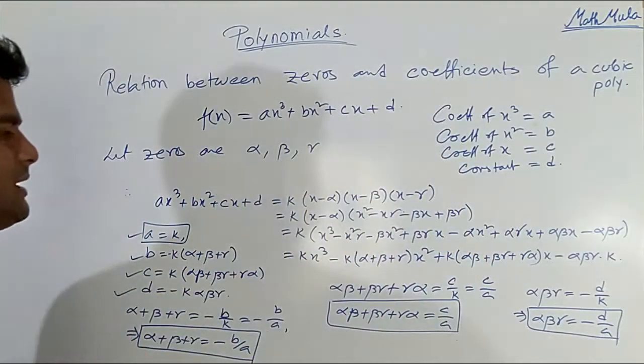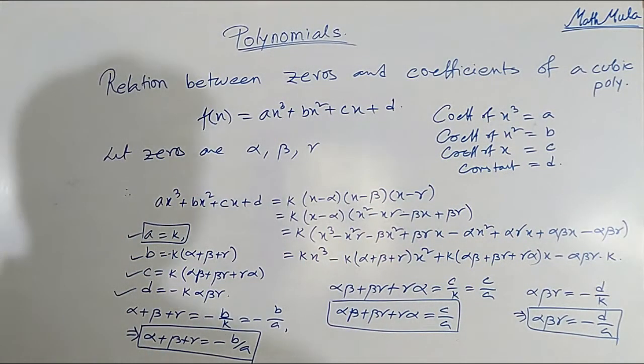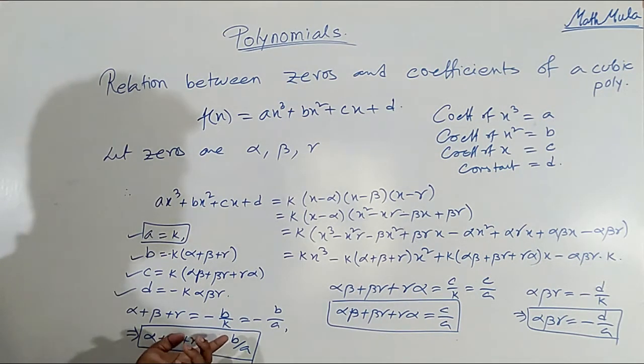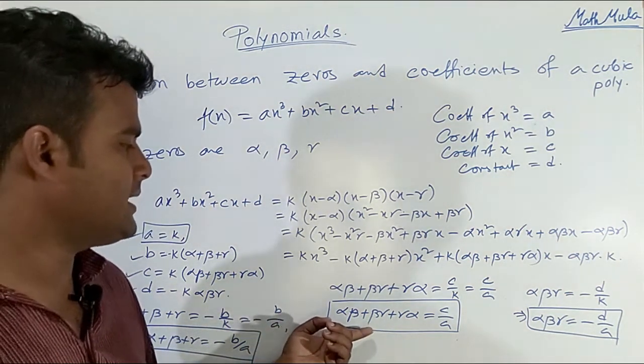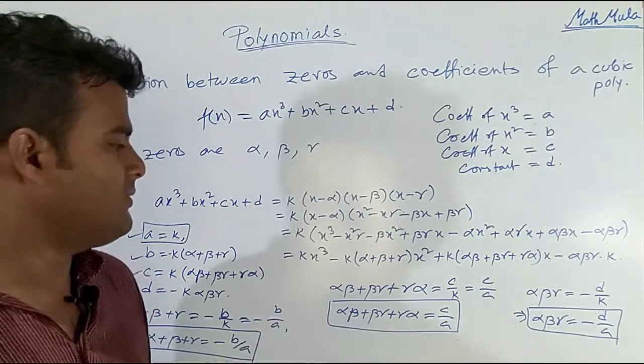That means there are three relations of zeros and coefficients for the cubic polynomial. One, alpha plus beta plus gamma equals minus b by a. That means the sum of the zeros is equal to minus the coefficient of x square by the coefficient of x cube. And the second relation, alpha beta plus beta gamma plus gamma alpha equals c by a.